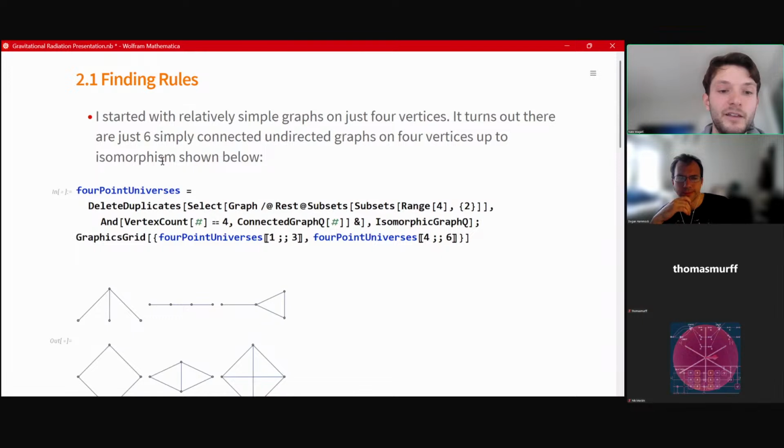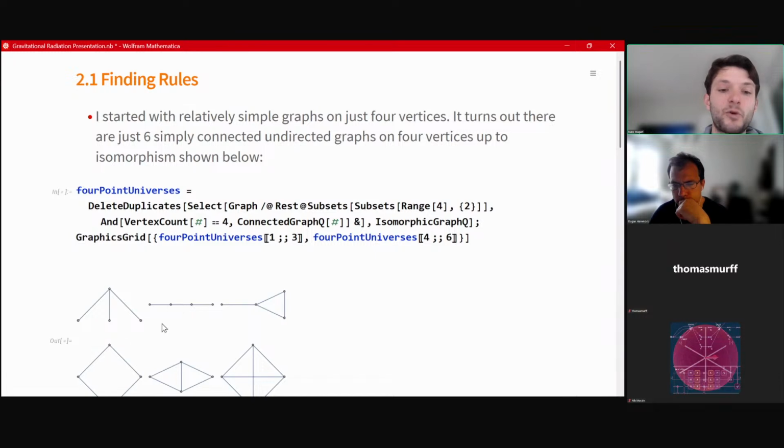Okay, so I started really simple because it wasn't really clear where to start. I was just looking at first at graphs involving 4 vertices, because I was thinking in terms of how one might observe a wave within this network, and the Michelson interferometer that LIGO uses seemed like the perfect setup to measure these waves within this network.